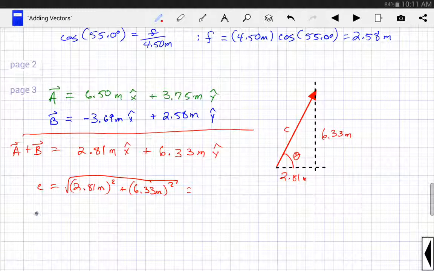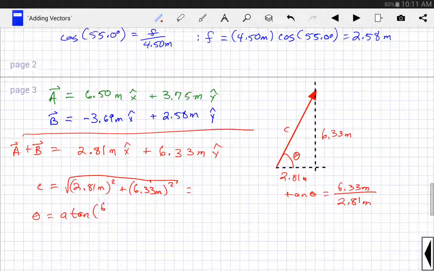And for the angle, I would have tangent of theta is equal to the opposite side, 6.33 meters, over the adjacent side, 2.81 meters. So to get it from tangent to theta, I have to use arctangent. Notice the meters cancel, so I drop them off.